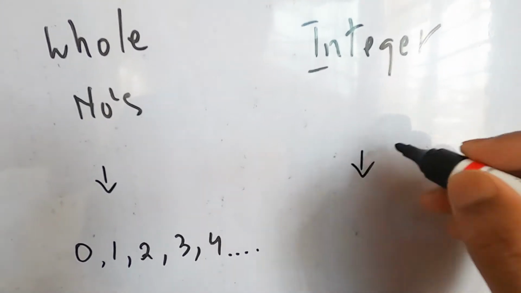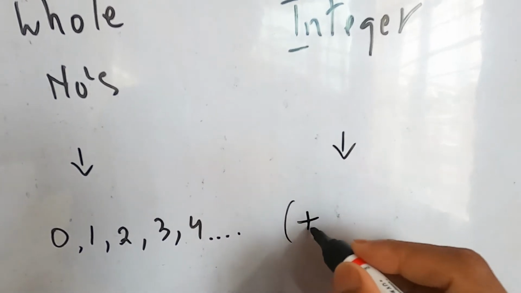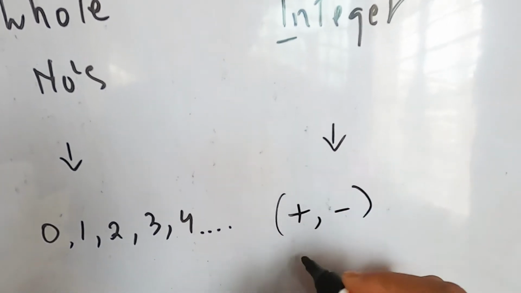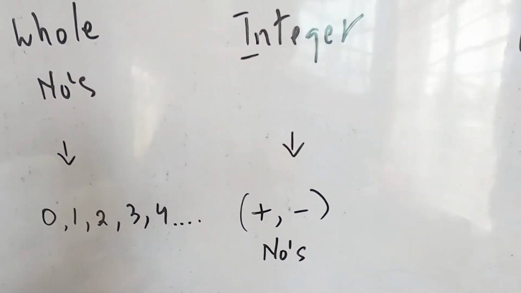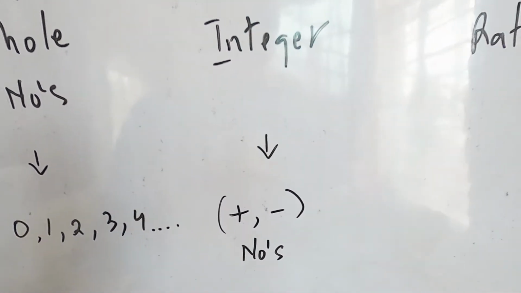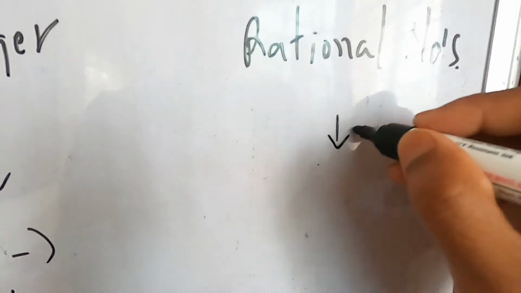And what are integers? Integers are basically numbers having both positive and negative numbers, which we have done in the smaller classes, 6, 7, and 8. And what are rational numbers?